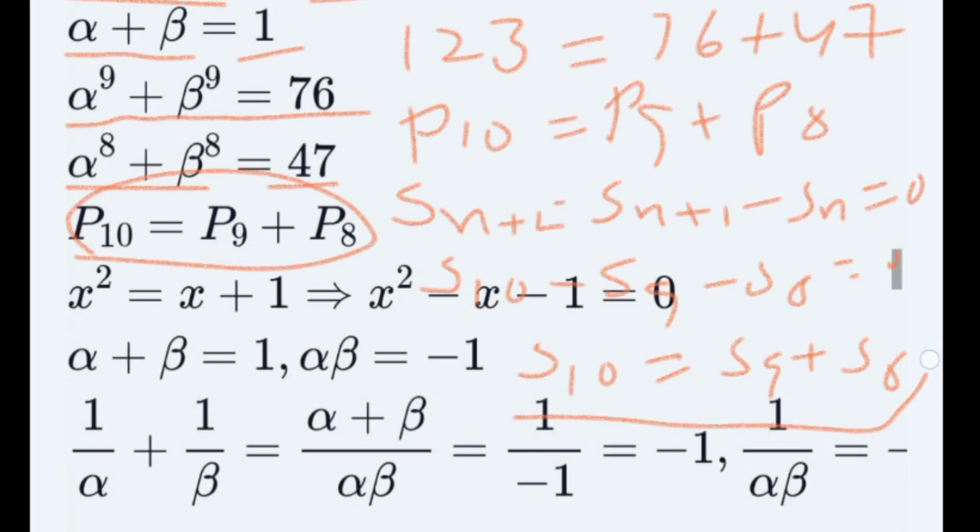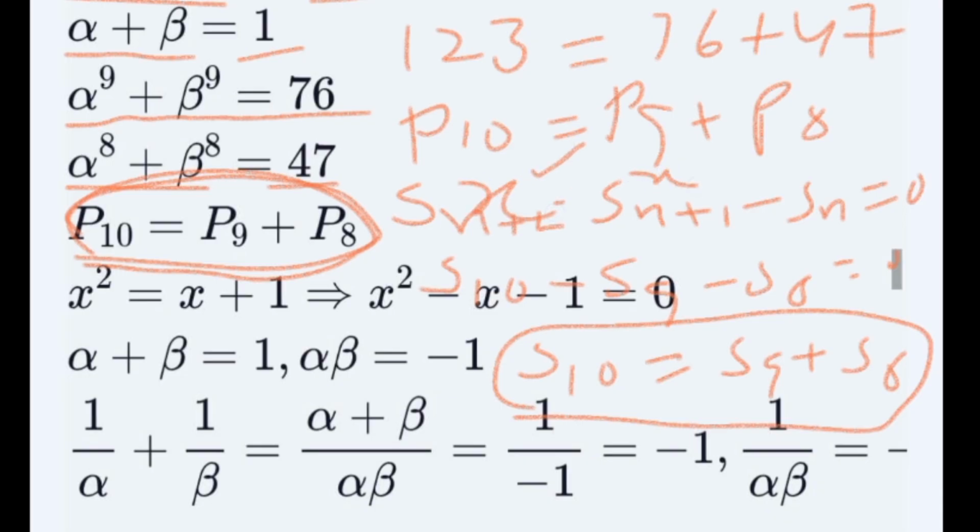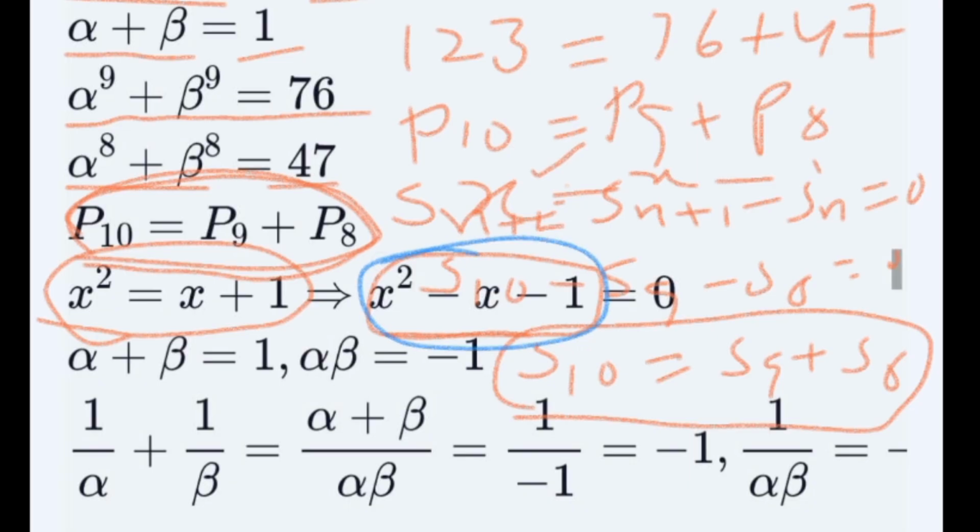In this equation these are the same. Then what is the quadratic equation? Here x square, here x, here constant. So x square minus x minus 1 is equal to 0, that means x square is equal to x plus 1. So this is the quadratic equation.